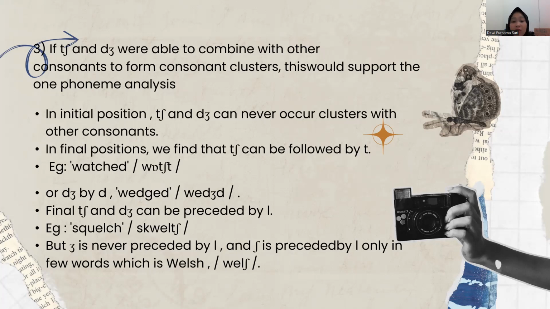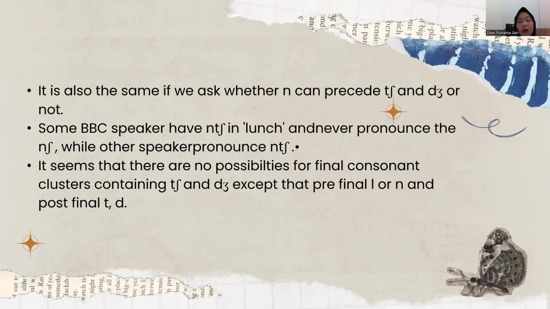Final ch and j can also be preceded by l, like in squelch, right? But j is never preceded by l, and sh is preceded by l only in a few words, which is in Welsh, l and sh. It's also the same if we ask whether n can precede ch and j or not.